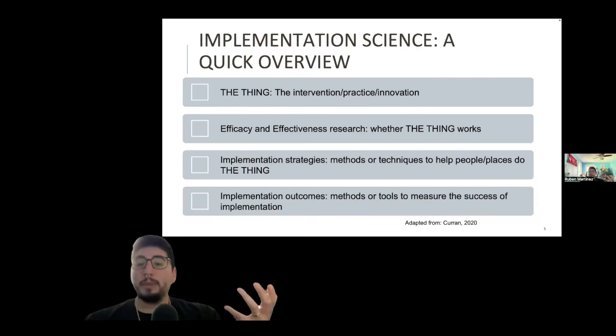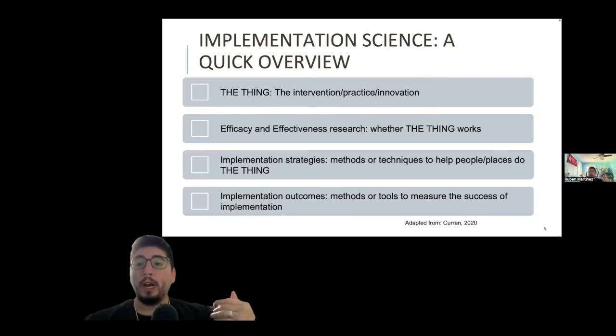Implementation research focuses on how we help people or places do the thing in the best way possible. It's a big frame shift, because what we're thinking about are different kinds of outcomes. In implementation research, we're not asking, does the thing work for depression?